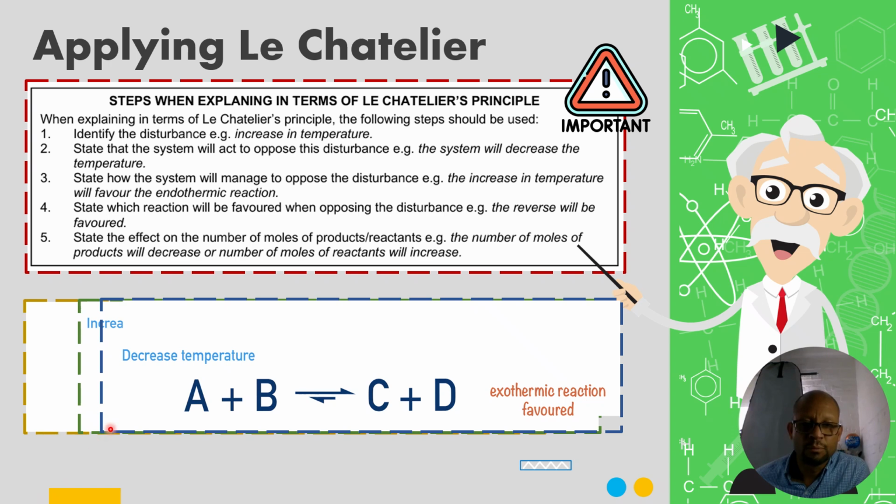And then we also need to take note that if we're going to decrease the temperature, the opposite is going to take place, and the forward reaction, which is exothermic, is going to be influenced in a favorable way. And here we can see that the concentration of A and B will decrease, but the concentration of C and D will increase.